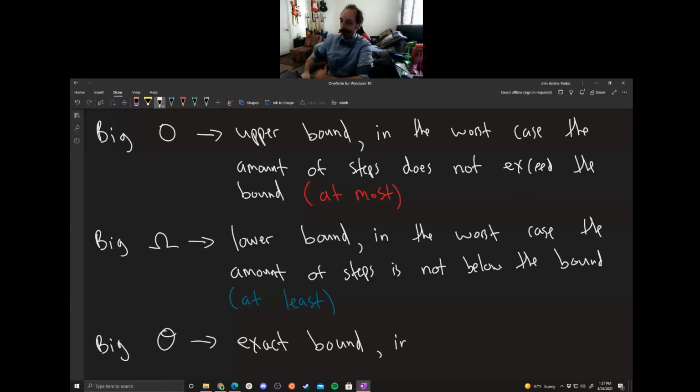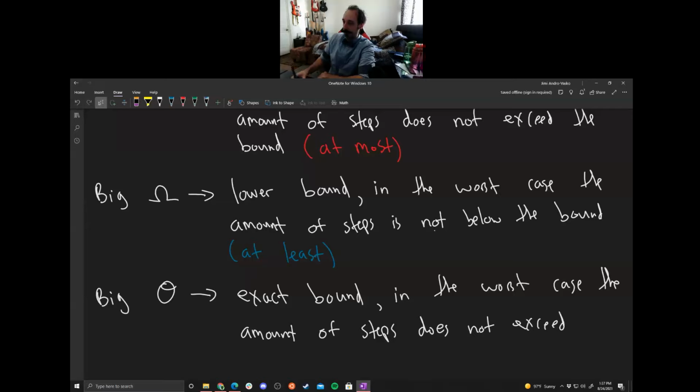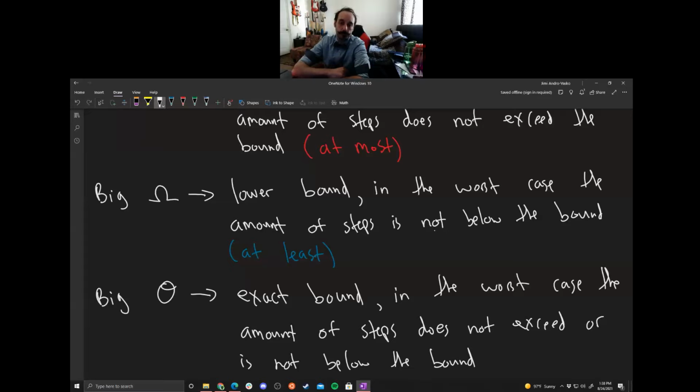So in the worst case, the amount of steps does not exceed or is not below the bound, whatever bound we set for the algorithm.